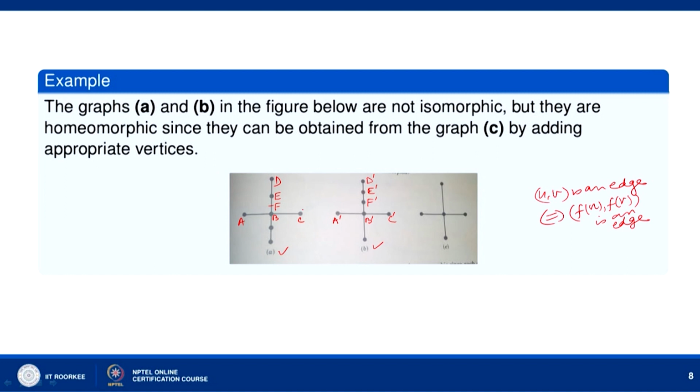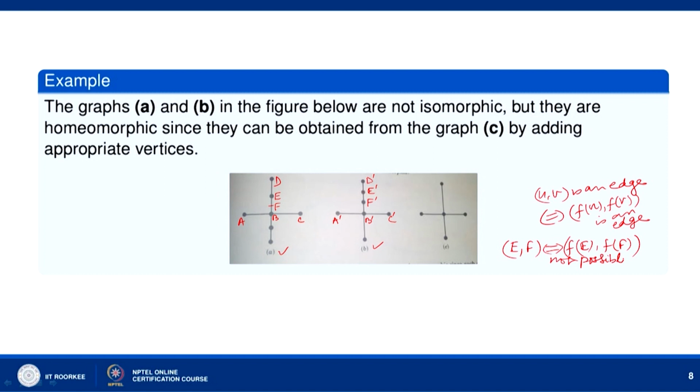So, we do not have a one-to-one onto function f such that EF corresponds to E'F'. So, this is not possible.